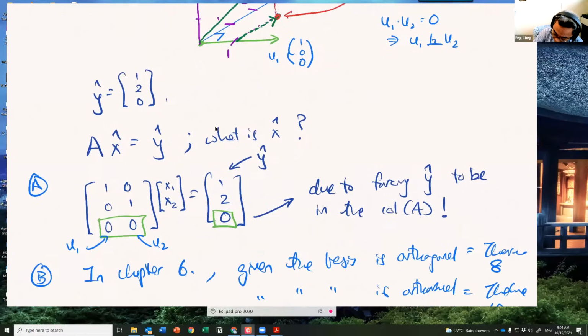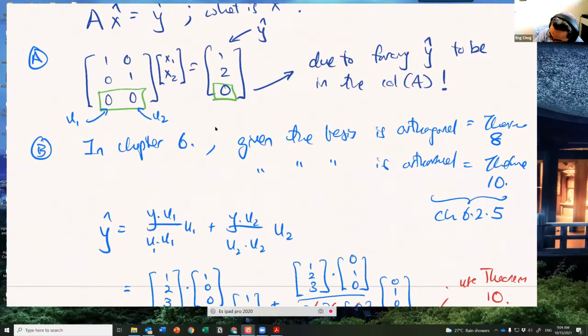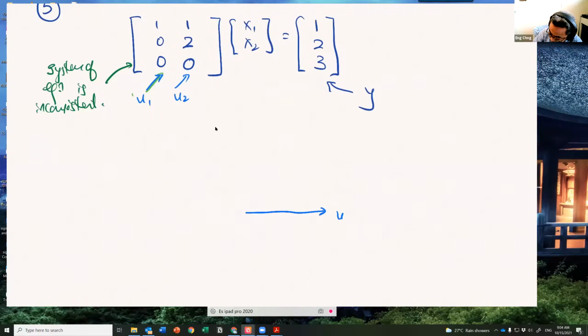So I'm going to draw. This is U1, which equals 1, 0, 0. What about U2? 1, 2. So I'm going to first draw the original U2, 1, 2, 0. So it's 1, 2. Okay, so let me draw the U2 in dark green.